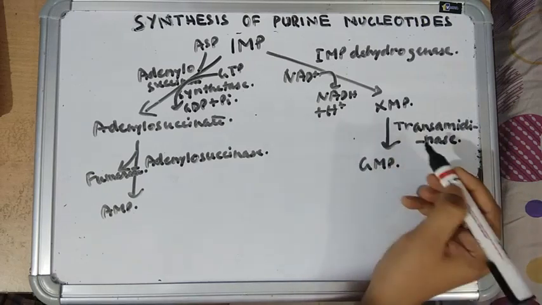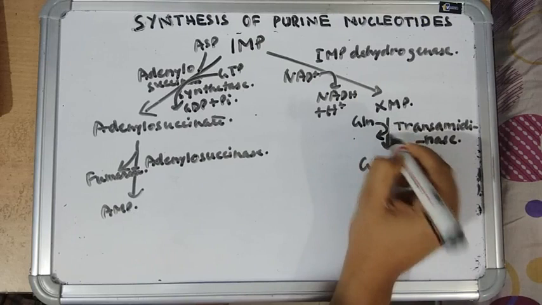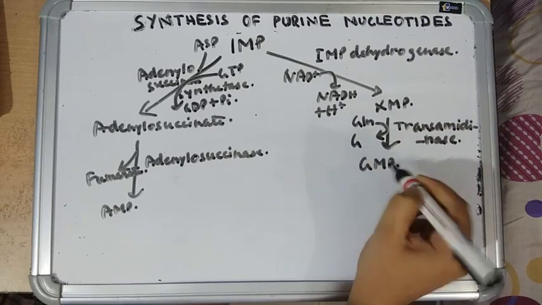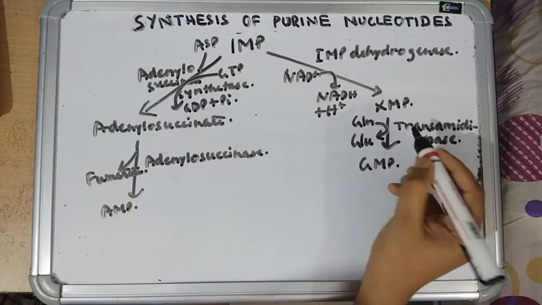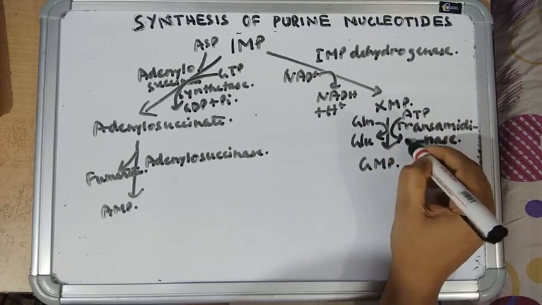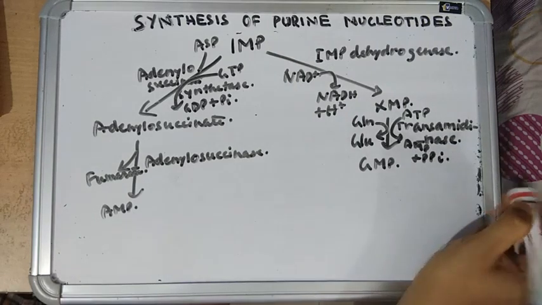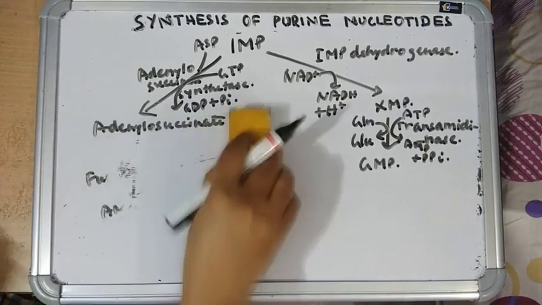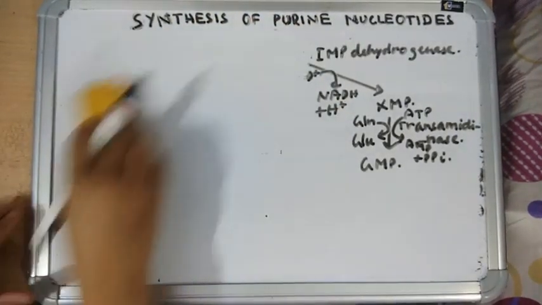Here, the amino group is transferred from glutamine to XMP to form GMP, and glutamine is converted into glutamate, and here ATP is required, which is hydrolyzed into AMP and inorganic pyrophosphate. So that is how the purine nucleotides are synthesized by the de novo synthesis.